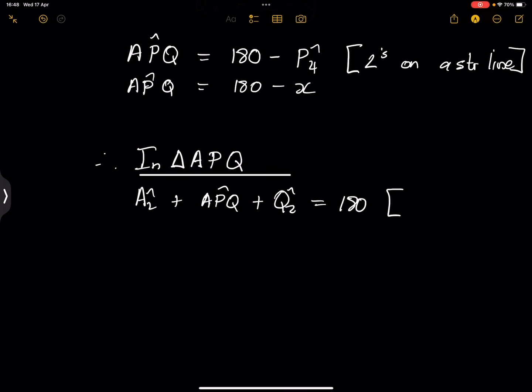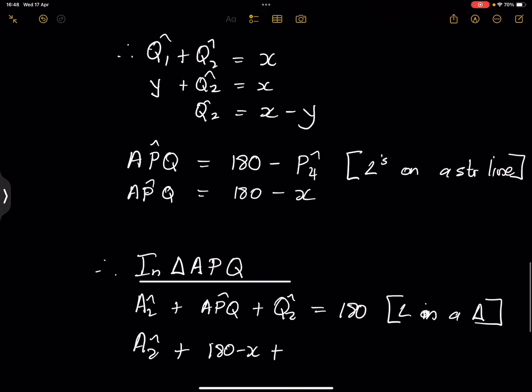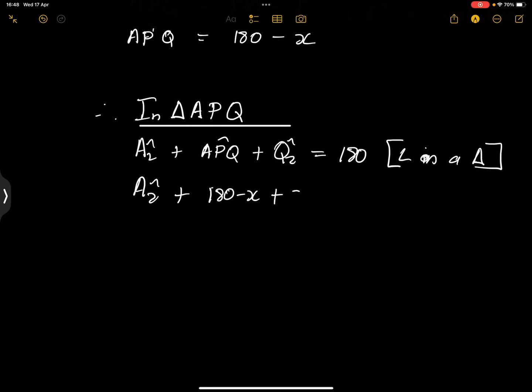And why is that? Sum of angles in a triangle. So we're looking for angle A2, right? Let me just keep it together here. So we said APQ is 180 minus x, and Q2, you remember, is x minus y, is equal to 180.